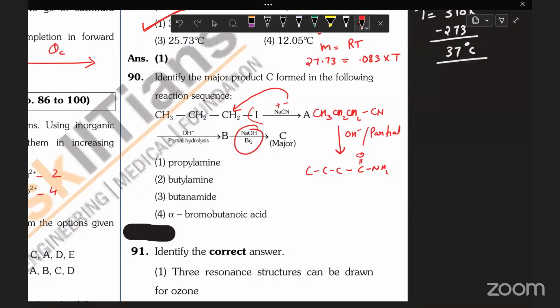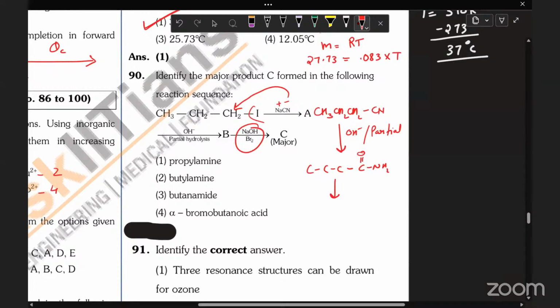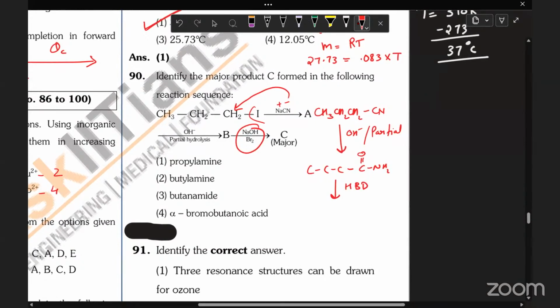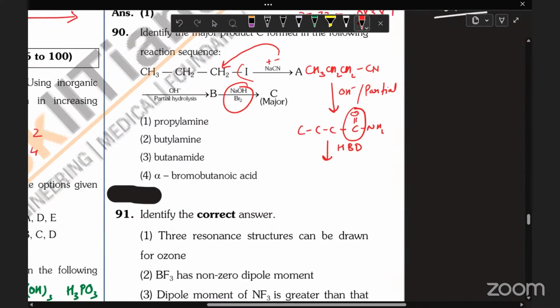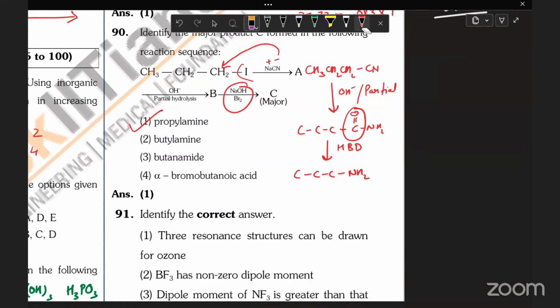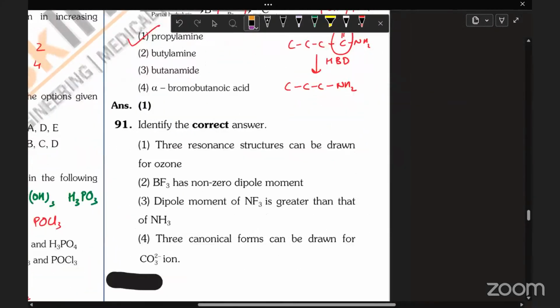Then NaOH, Br2, Hofmann bromamide degradation, right? This will remove the carbonyl group from the compound, and you'll have 3 carbons with NH2, propylamine. Look at the option. Option number 1 is the right answer here. So if you look at this, yes, that's the correct option.